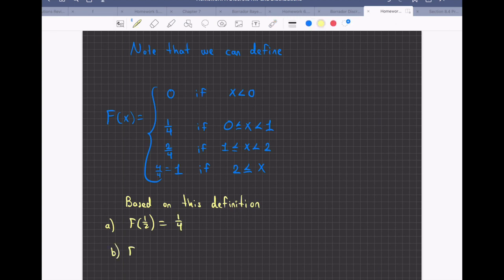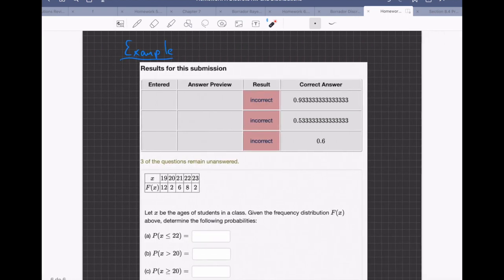What is F of negative 10? Negative 10 falls in the case x less than 0, in this case only 0. And so on. Most of the time, the cumulative distribution function is going to be expressed like this, as a piecewise function.